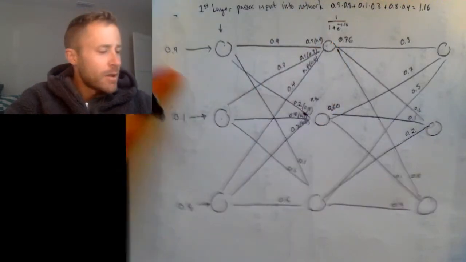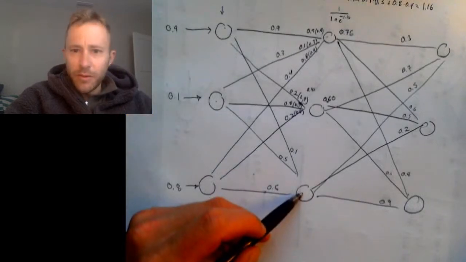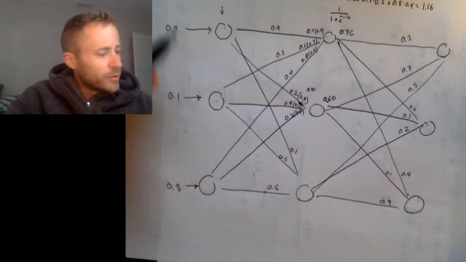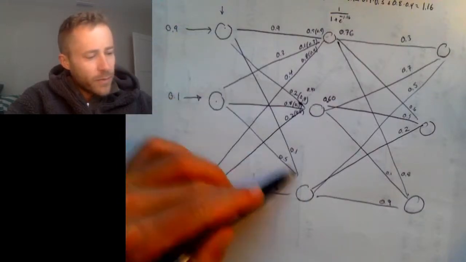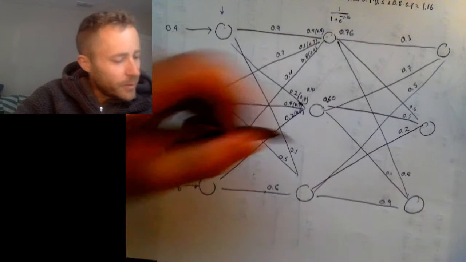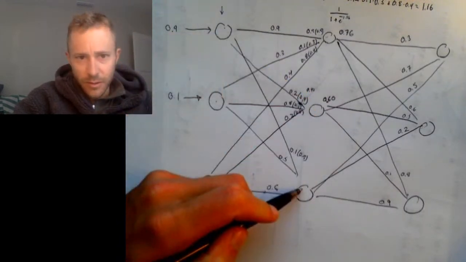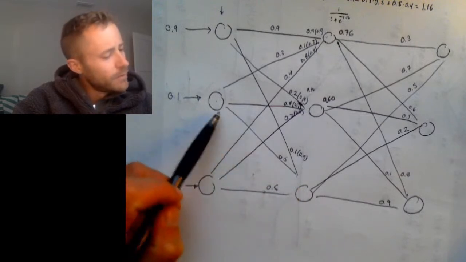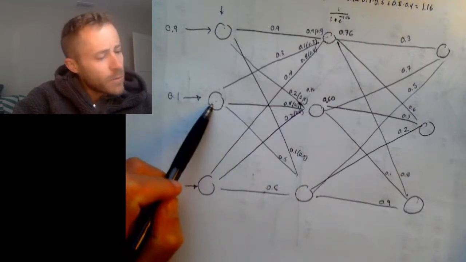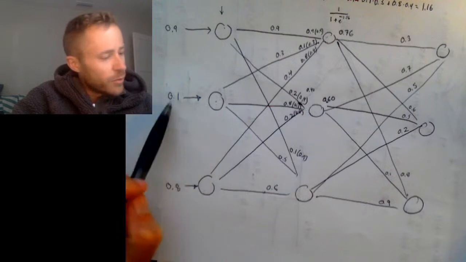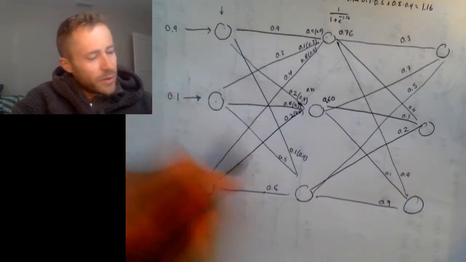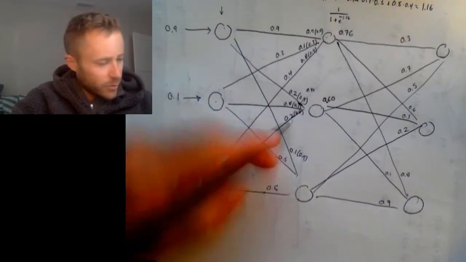Okay. Then I have to do the same thing for this one. So the 0.9 gets multiplied by 0.1, that's the synaptic weight for this link. Then the 0.1 gets multiplied by this synaptic weight, which is 0.5.